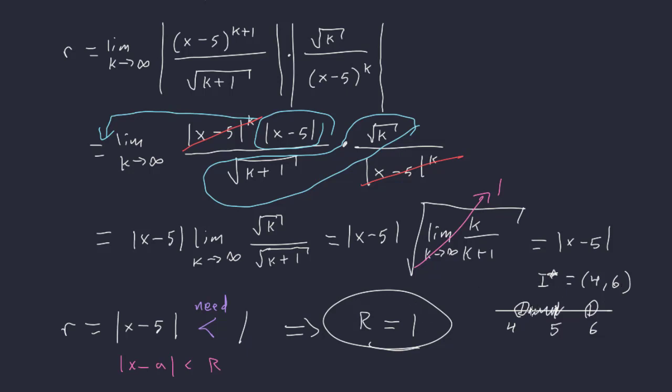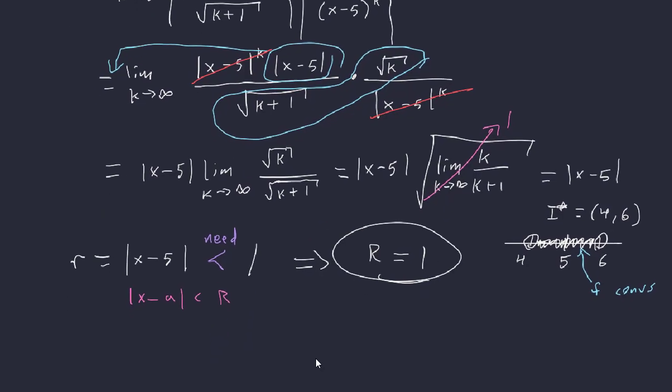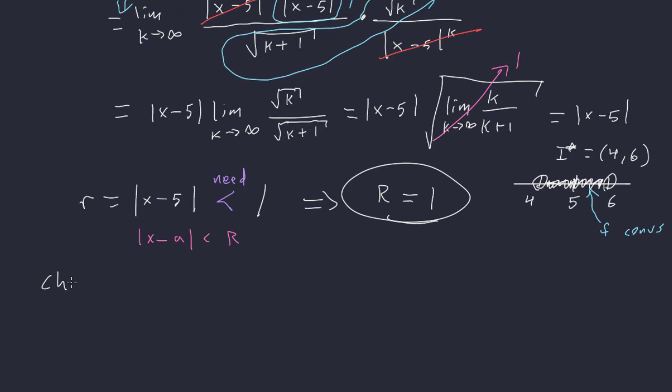So we know for a fact that f converges in this interval here. We need to check the endpoints, because the endpoints are where r equals 1, and remember r equals 1 is where anything can happen.